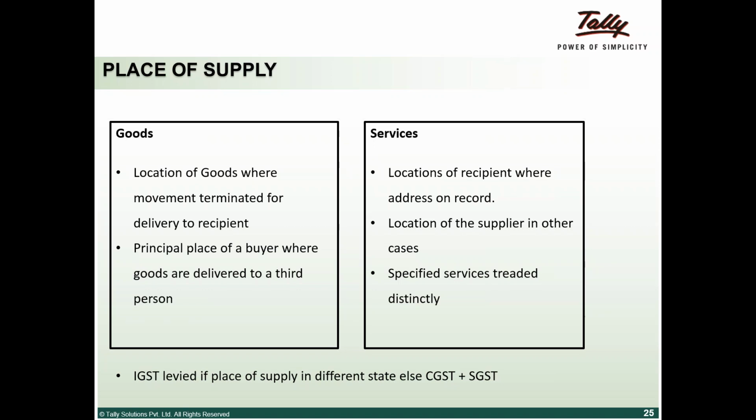So just in case I don't know who I am giving a service to, which could be the case in some situations, then my address becomes the address for the place of supply, is what Shiv is trying to tell.